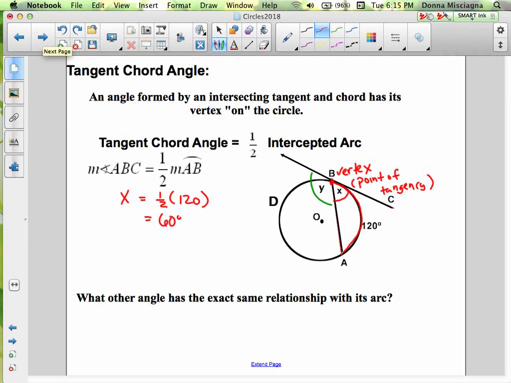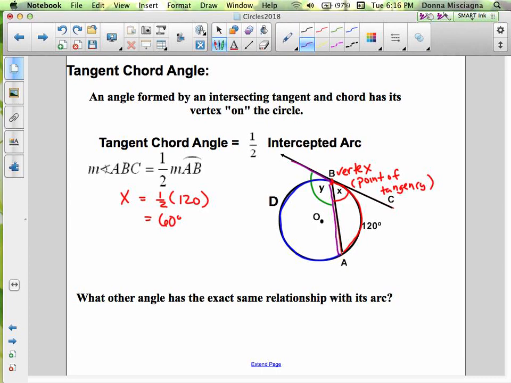So put this in your notes. Let's find the measure of y and use that to find the measure of arc ADB, and I'll outline it. So this is the intercepted arc for the angle marked with the y. I'll outline the angle here. So here is angle y.